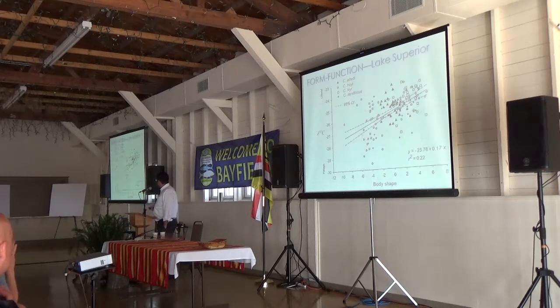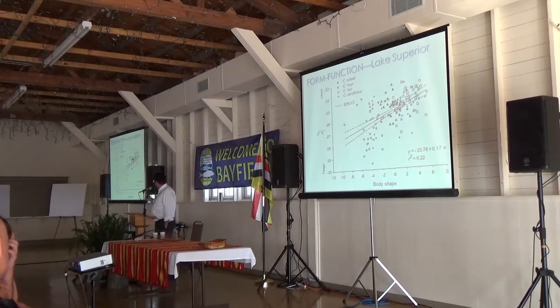But what we can do is also look at form-function relationships. This plot here shows delta 13 carbon on the y-axis. The less negative numbers at the top refer to a more littoral carbon source. The more negative numbers at the bottom of the y-axis refer to a more pelagic carbon source.